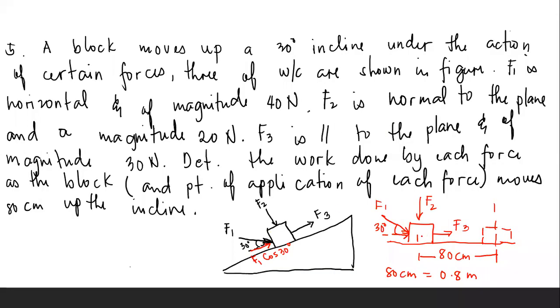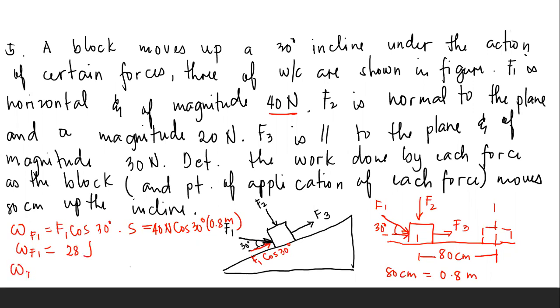Okay, now for the work, we have the work for F1, which is equal to F1 cosine 30 degrees times S, where your F1 is equal to 40 newtons, multiplied by cosine 30 degrees, S of 0.8 meters. Okay, therefore, your work at F1 is equal to 28 joules.